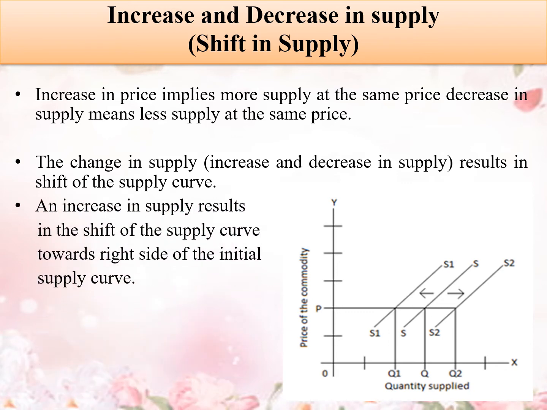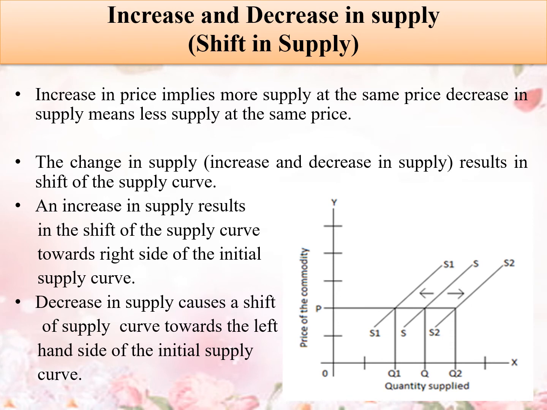An increase in supply results in the shift of supply curve towards the right side of the initial supply curve. In the given graph, SS is the initial supply curve and S2 is a new curve that is formed which indicates increase in supply, and we can see this is situated on the right hand side of the initial supply curve.